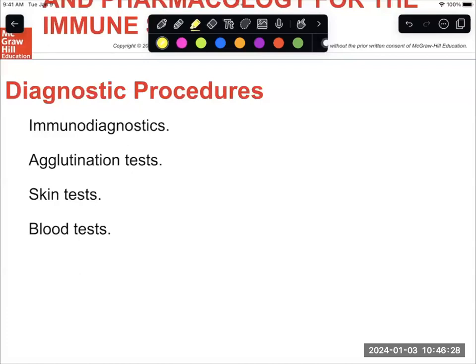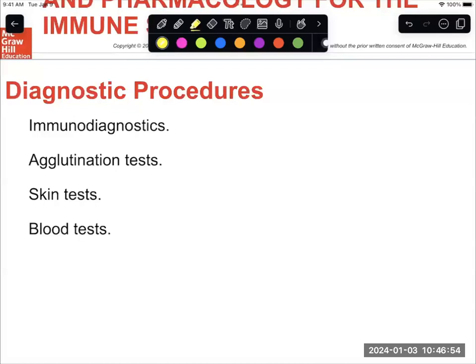Skin tests. This is measuring that level of IgE, those immunoglobulin E antibodies, in response to allergens that are injected just under the skin. The reaction is going to show a small red area. Should be. Some people it gets very large. If you've never had skin tests done for allergies before, it itches very badly.